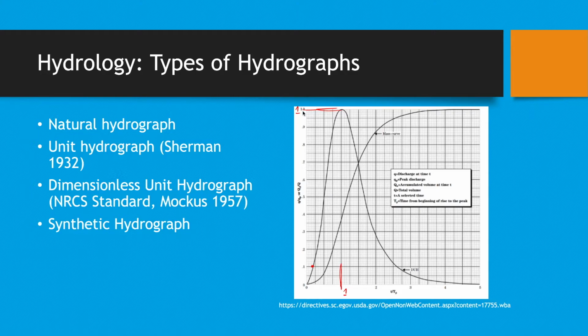It's completely comprised of features of the watershed, like land use, slope, soil characteristics. We can basically predict, without actual rain data, how a watershed would behave based on its characteristics, not in reference to actual storm characteristics.